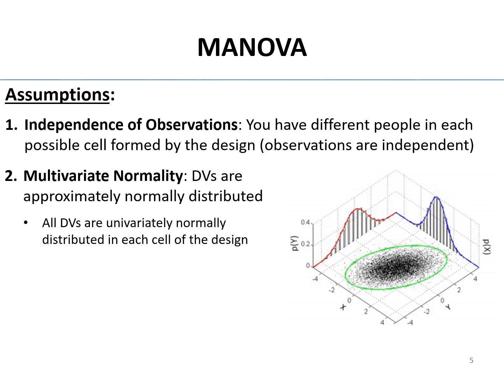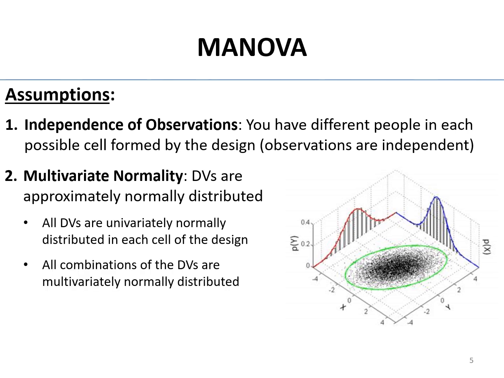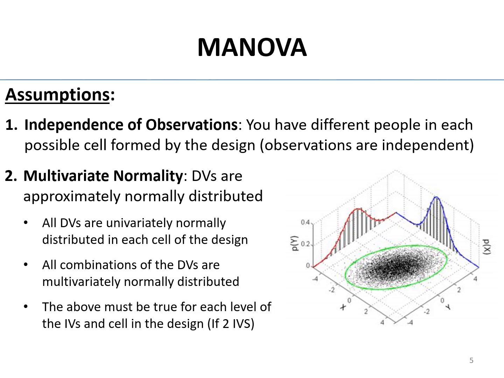It says that all dependent variables are univariately normally distributed within each cell of the design. That's what you're used to. But also that all combinations of DVs, that is multivariate normality, all combinations of DV are also normally distributed. So the above has to be true for each level of the IV, or if there's more than one IV, for all cells in the design.